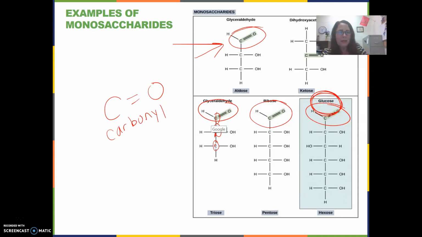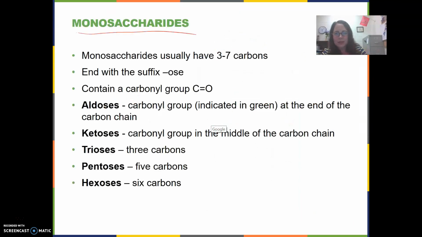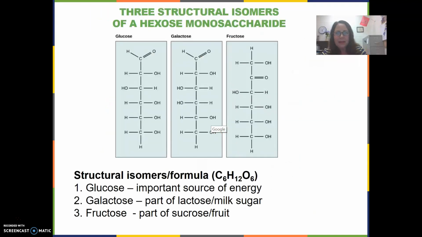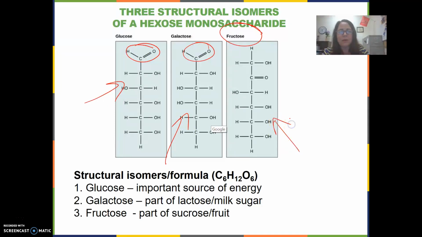So let's look at one that would be a ketose, which would contain the carbonyl group in the middle. And fructose would be an example of a ketose. So here you can see 2 aldoses because they contain the carbonyl group on the end. And then you can see a ketose sugar called fructose because it contains the carbonyl group in the middle.